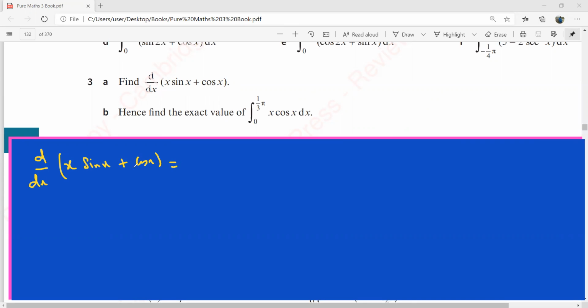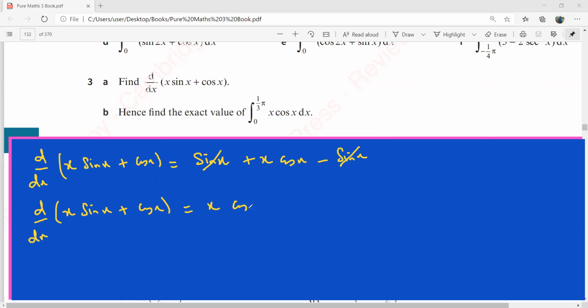So x sine x gives sine x first, then x cos x, and the derivative of cos x is minus sine x. So these cancel, and the derivative of x sine x plus cos x is going to be x cos x.